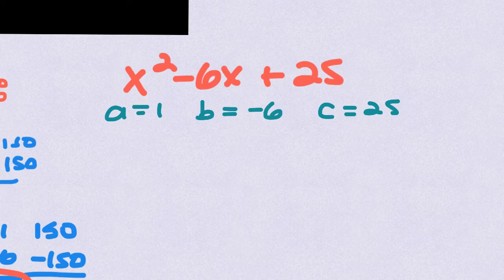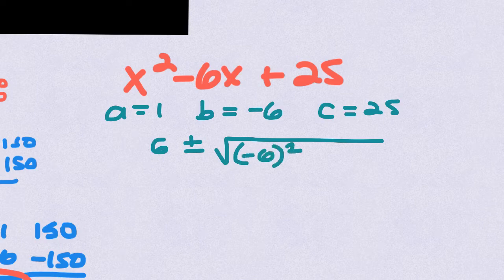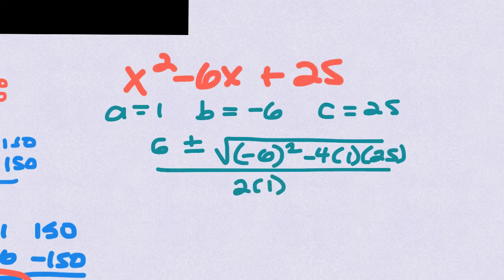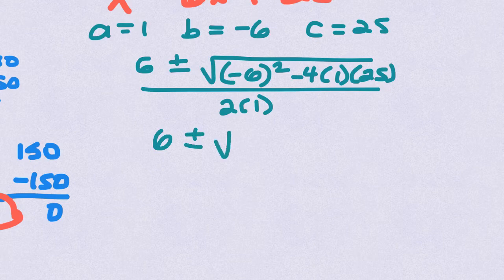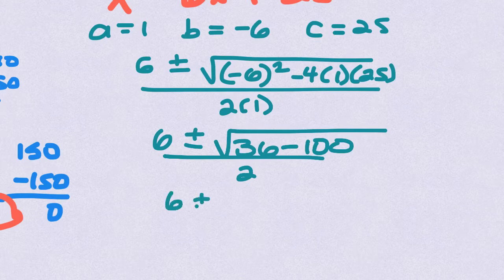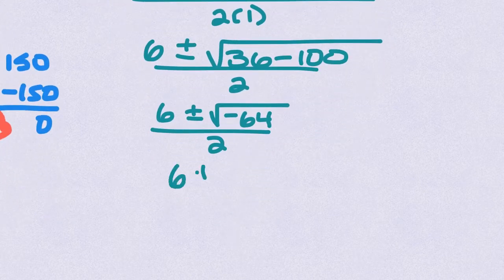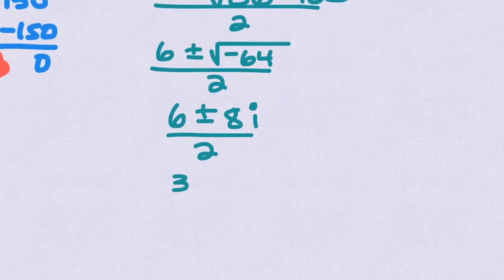Formula is the opposite of B, so this will become a positive 6 plus and minus the square root of B squared, so -6 squared, minus 4 times 1 times C, which is 25, all over 2 times A. So I get 6 plus and minus the square root of 36 minus 100 over 2. 6 plus and minus the square root of -64 over 2, which is 6 plus and minus 8i all over 2, or 3 plus 4i, because 2 goes into both 6 and 8.